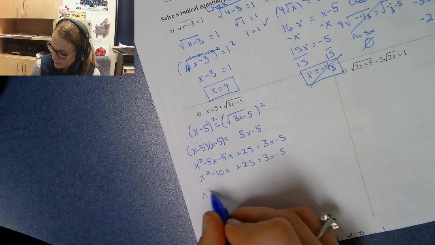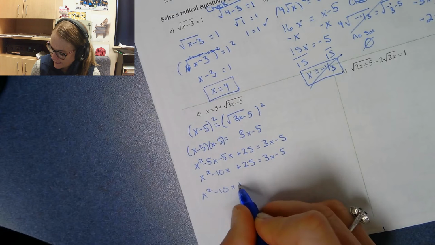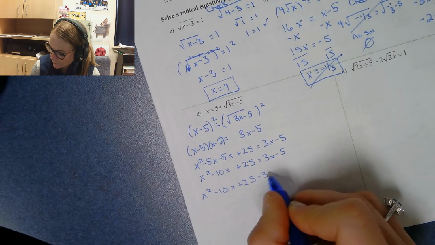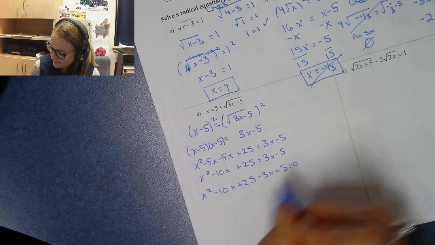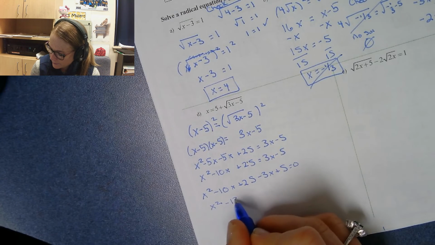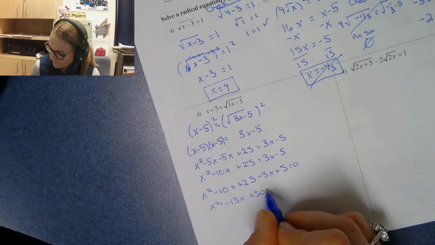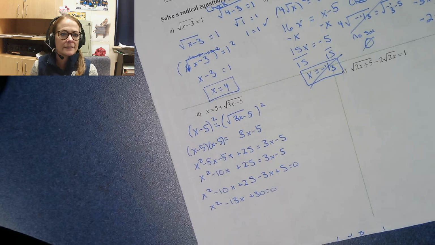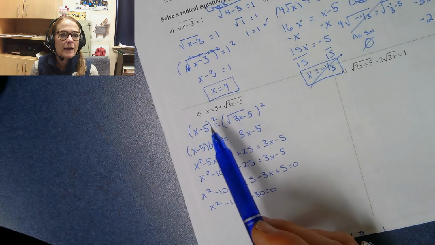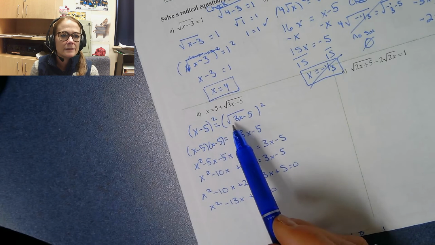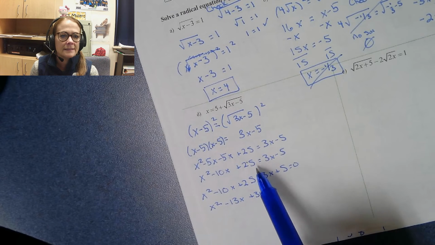So this is a quadratic. I'm going to set it equal to 0, so minus 3x plus 5. x squared minus 13x plus 30. You set quadratics equal to 0. So lots of good stuff here: isolate, square both sides, FOIL, set to 0.